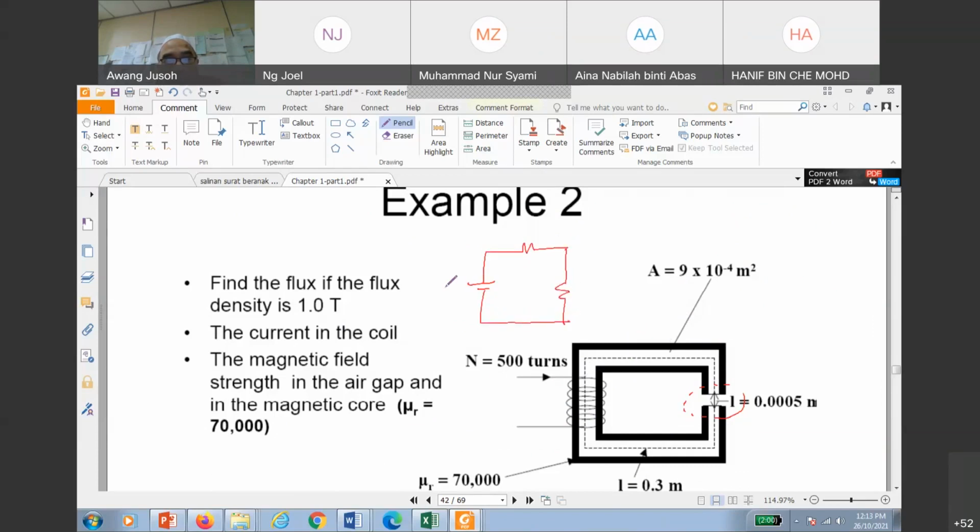So this is your Ni, the source, and this is your S core. This is your S air gap, G. Again this is a series circuit, and this is your flux coming there.